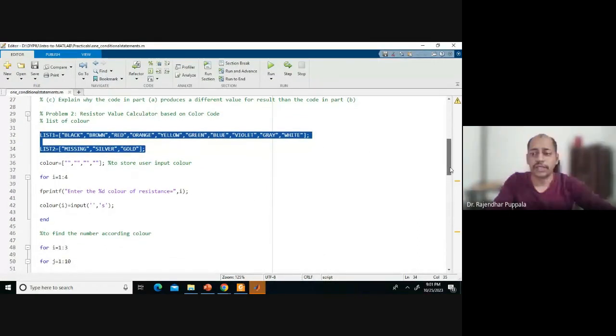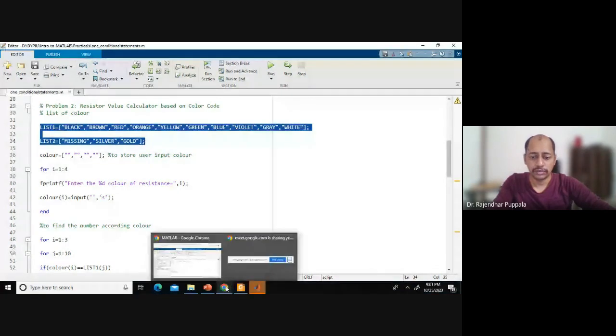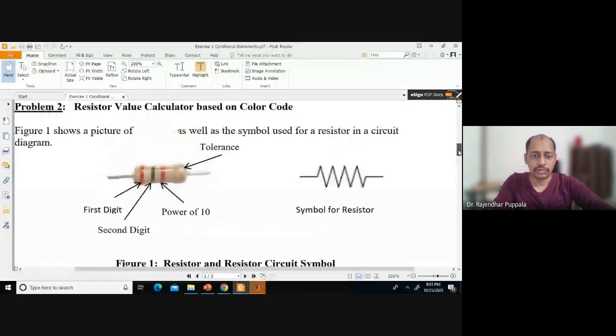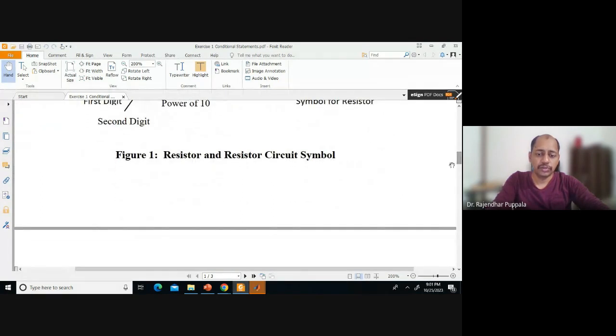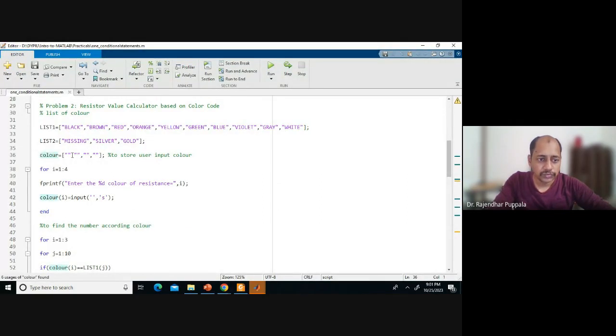Now after that, how many colors do we need as an input? So in total four colors will be there: color 1, 2, 3, and 4, right? 4 gives the tolerance, and 1, 2, 3 will give you the main nominal resistance value. So we have to give the input for this.